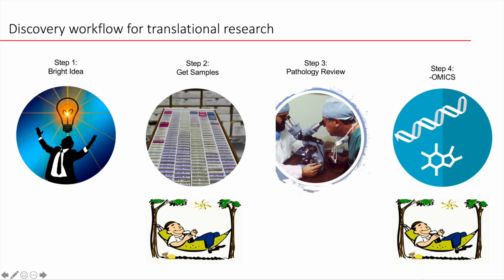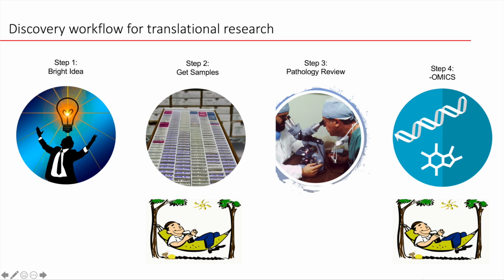And for the most part, I think most people will agree that steps 2 and 4 have been made particularly easy in recent times due to massive improvements in how biobanking is done.